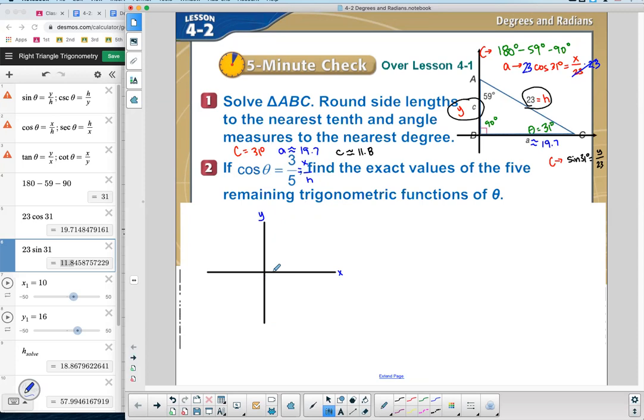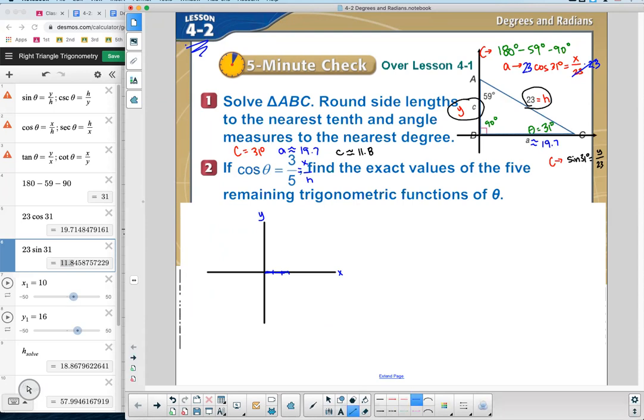So either way, I know I'm going to go 3 units to the right. So we're going to have a triangle that goes 3 units to the right. And we know the hypotenuse. Now, though this is going to change once we get to lesson 4.3, today's 4.2, if they don't tell you positive or negatives, you're just going to assume the unknown is a positive value.